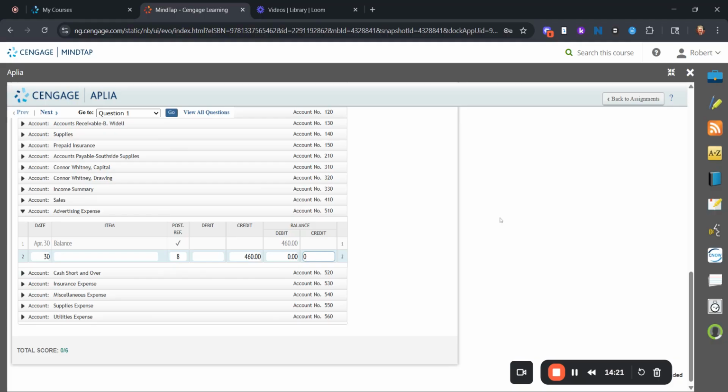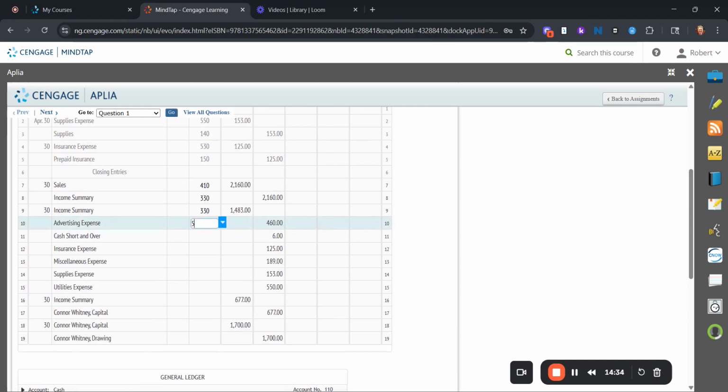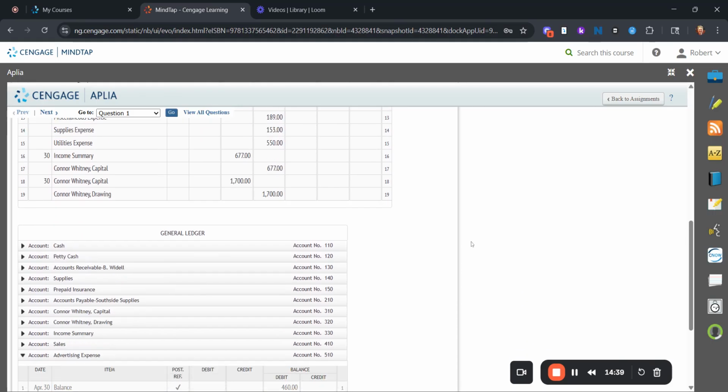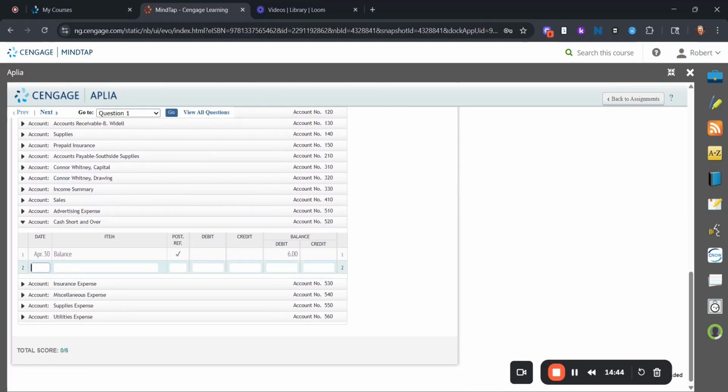So it zeros that account out for the month. So the account number 510. Then cash short and over, $6. Zeros that one out. And account number 520.